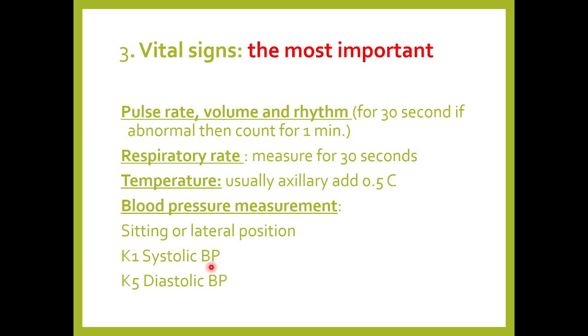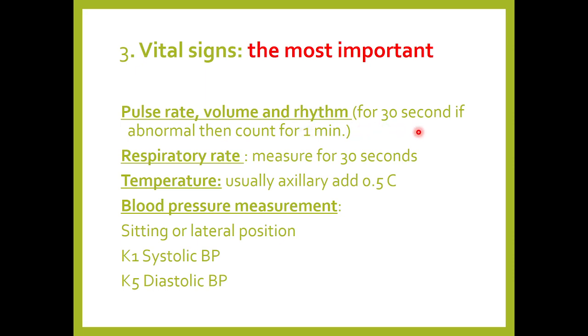The third part of general examination is the vital signs. This part is the main and the most important part of examination. The vital signs constitute the pulse rate, and you should be aware that not only the rate from the radial artery, it can also tell us about the volume and the rhythm.